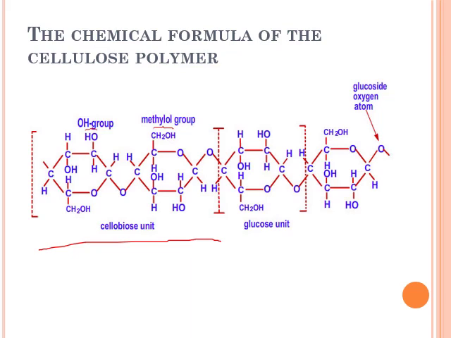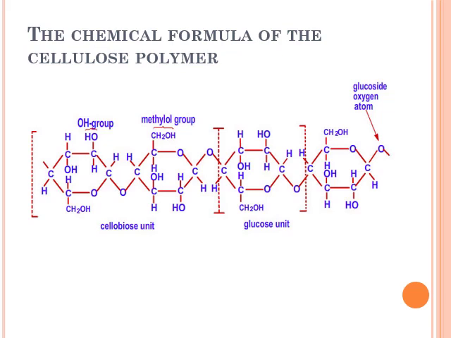Its degree of polymerization is thus 5,000, meaning 5,000 repeating units. Hence, it is a very long linear polymer, about 5,000 nanometer in length and about 0.8 nanometer in thickness.